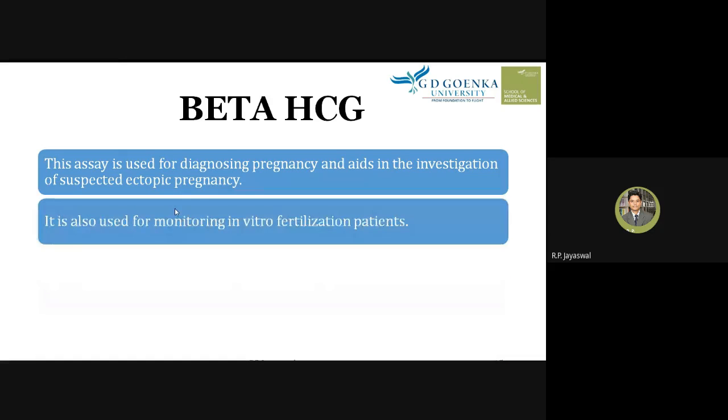It is used for monitoring in vitro fertilization patients. So if there is an in vitro fertilization process, in that condition, beta HCG can help to monitor whether the fertilization is successful or unsuccessful.